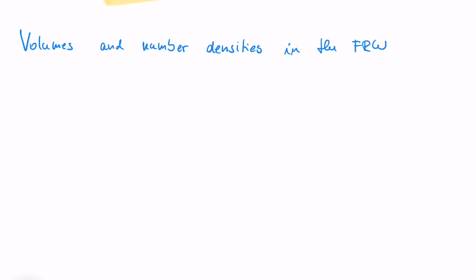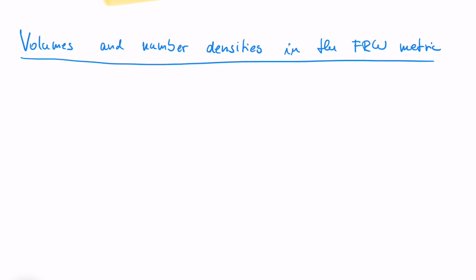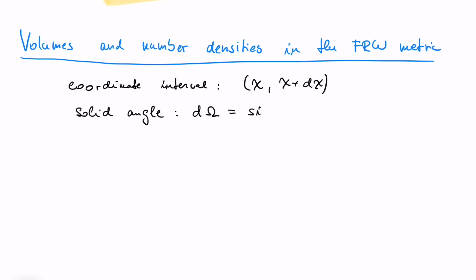The last purely geometrical topic that we look at is the evolution of the volumes and number densities in the Friedmann-Robertson-Walker metric. To be specific, we want to look at the 3-volume. With this metric, the infinitesimal volume, which corresponds to the coordinate interval from chi to chi plus d chi, and solid angle sin theta d theta d phi, is this.